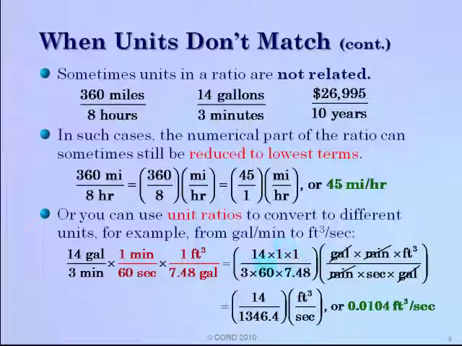And so we multiply the values together and the units together, and as we planned, cubic feet and seconds are the only thing that remains in the units, and we're left with 14 over 1346.4 feet cubed per second, or if we evaluate that ratio, it's 0.0104 cubic feet per second.